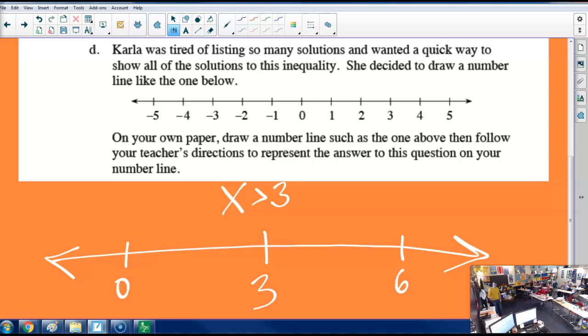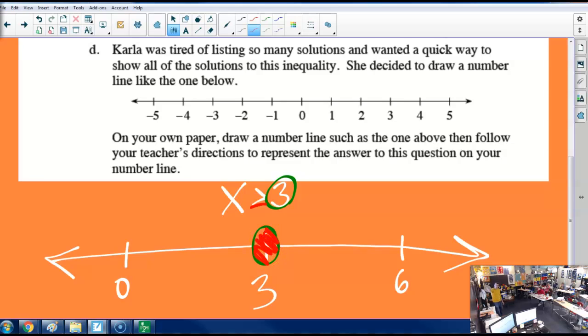What we now do is at our number we care about, we circle it on the number line. Do not shade that, unless, don't do this. Please do not do this, just watch for a second. If this was x is greater than or equal to, then we would shade this.